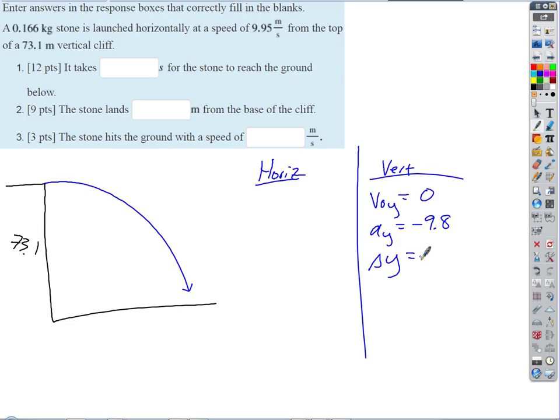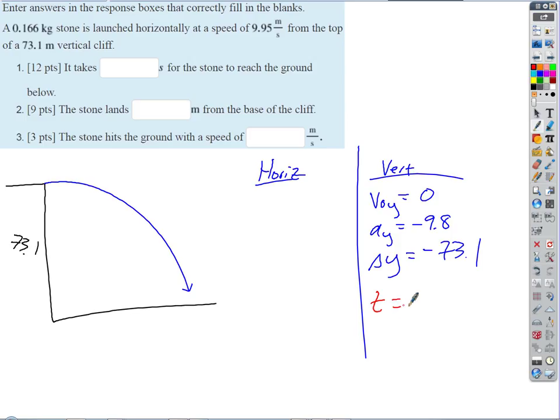Careful. Negative 73.1. It's going down, right? In standard units, right? And what are we really trying to find? Time, right? Time's the big thing. We want to find time. And so we can do that just from the vertical picture.